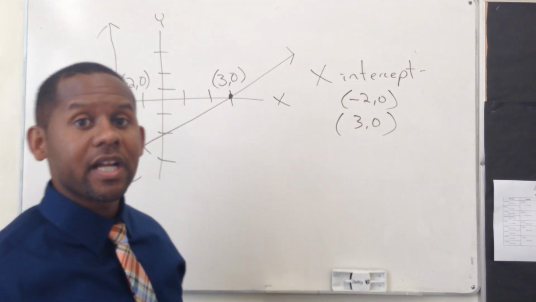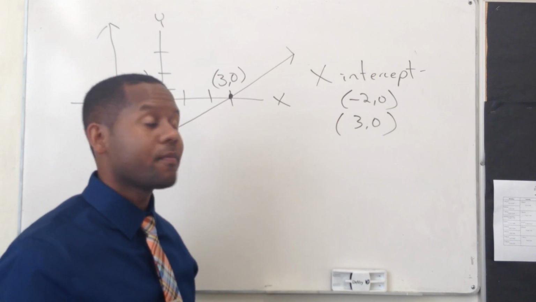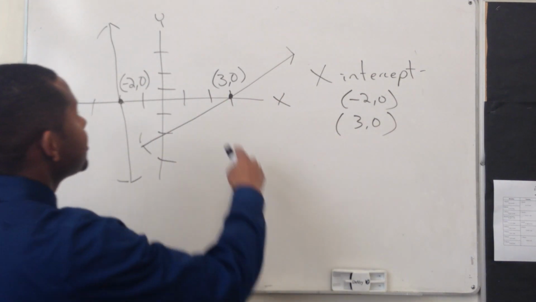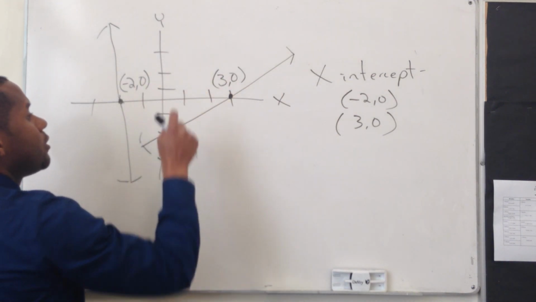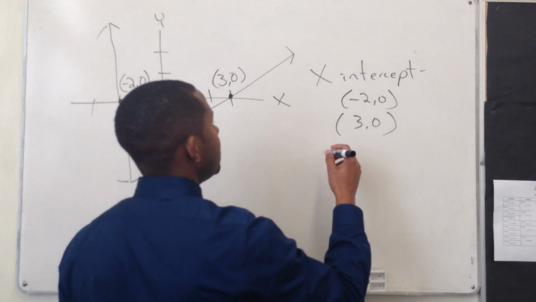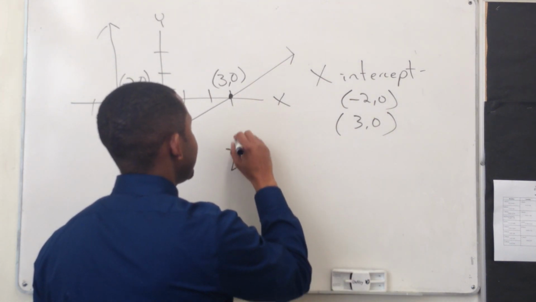What do those things have in common? Notice, x-intercepts will always have a 0 as the y value. So, here's the big takeaway.